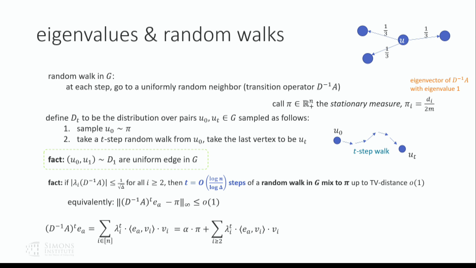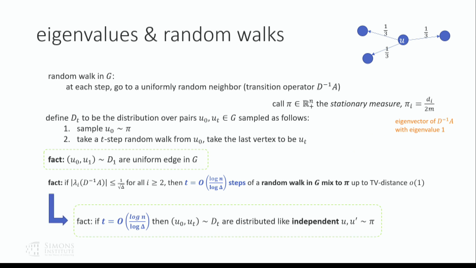Stationary measure has eigenvalue 1. And let's say that all of the other eigenvalues are at most 1 over delta, so I'll get something like this, right? And the rest are vectors of at most unit norm, so if I take t to be at least log n over log delta, this will be little o of 1, and I'm getting really close to the stationary measure.